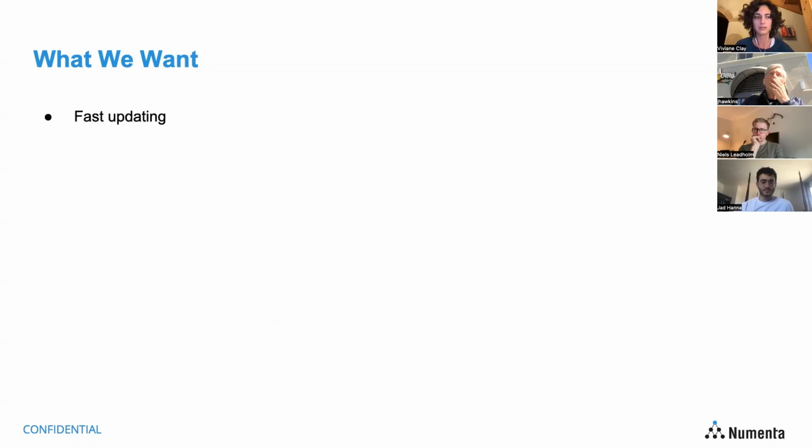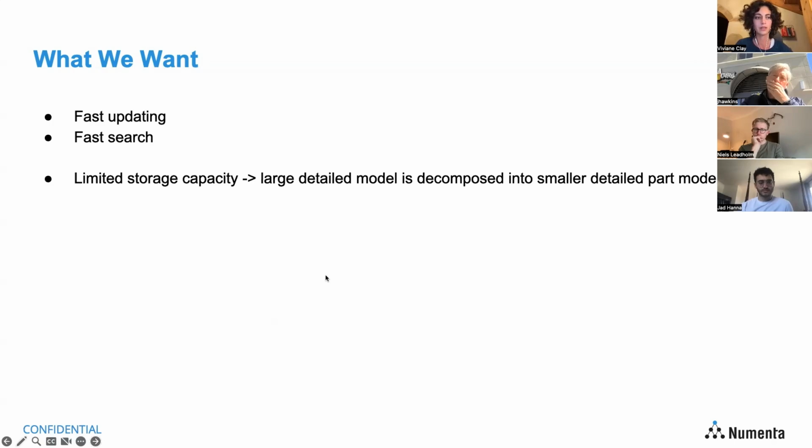What we want is the model should be fast to update and fast to search. We have a limited storage capacity, so a large detailed model is decomposed into smaller detailed part models. We can't just store a huge model at infinite detail, but we need hierarchy and composition for that.